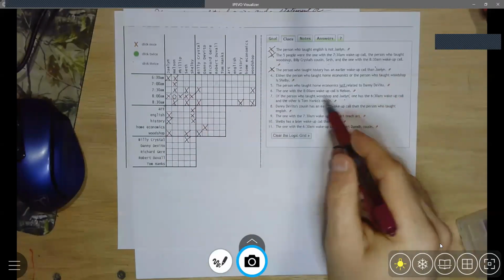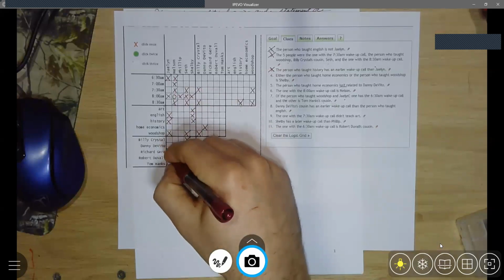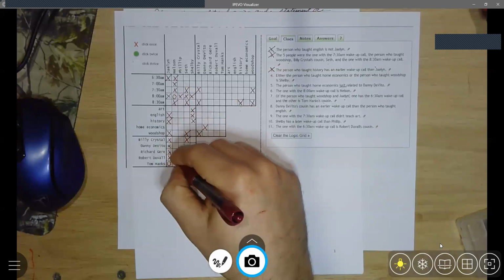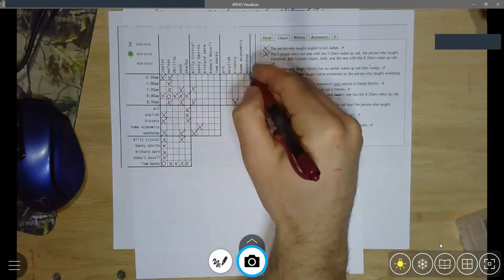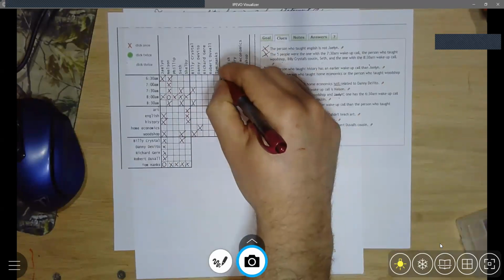So that means she must be Tom Hanks' cousin. So we put a circle there, and then she's not related to any of these other guys, and Tom Hanks isn't related to any of the other people. So Jalen is Tom Hanks' cousin, and so then the 6:30 wake-up call person is the one who taught woodshop. So we've got 6:30 a.m. woodshop, and then we're crossing everything else out here.